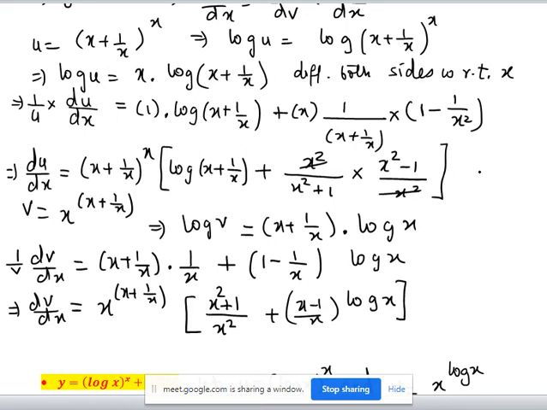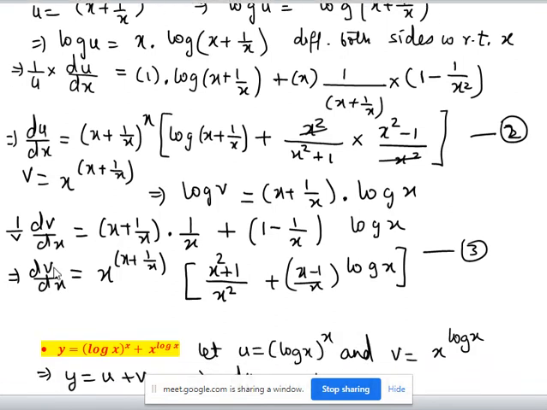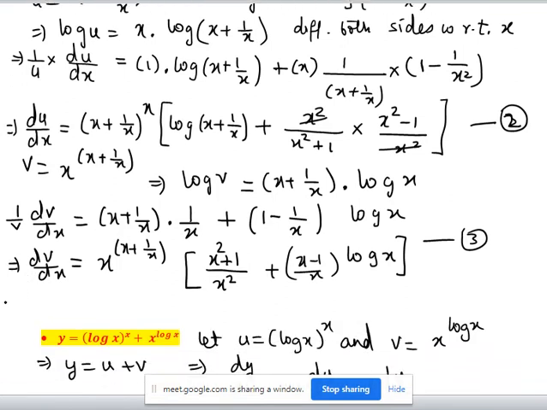So if I mark this one as the second equation and this as the third, then from the second and third, the values of du over dx and dv over dx can be put in the first equation. The first equation was dy over dx is equal to du over dx plus dv over dx.